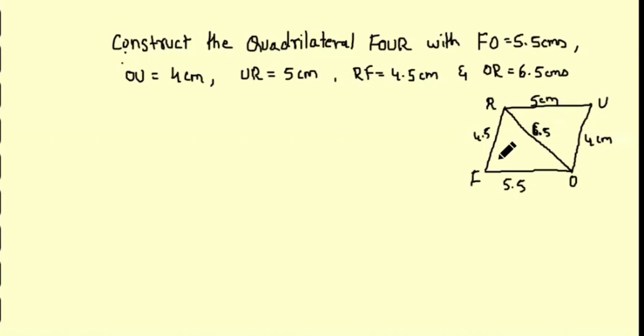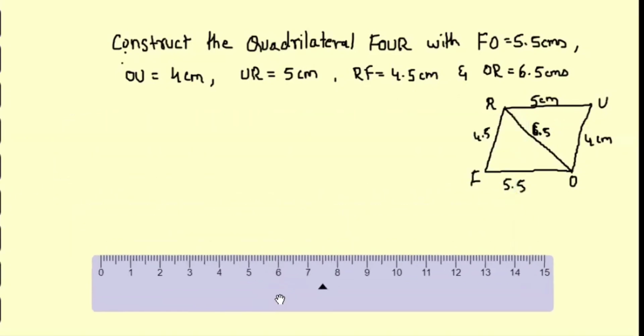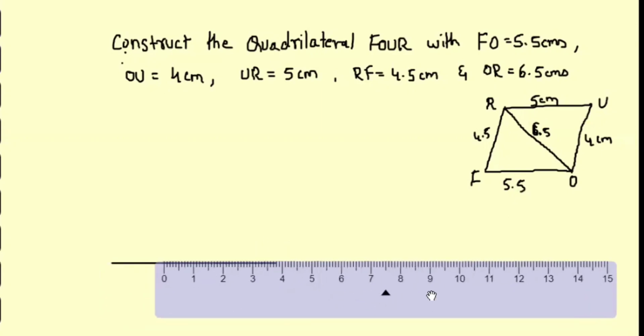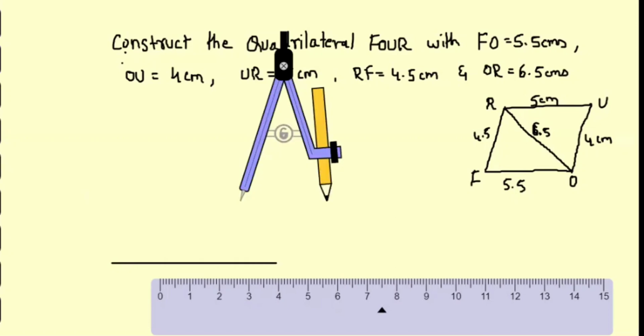Starting from the base, that is FO as 5.5, let us measure 5.5 using the scale. Here is 5.5. Now let us use a compass. We're going to draw an arc of OU as 4 centimeter.